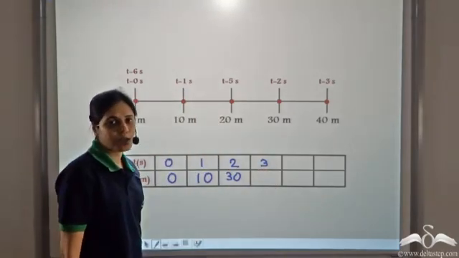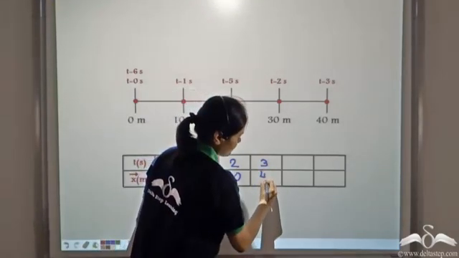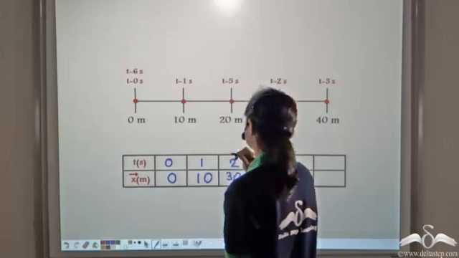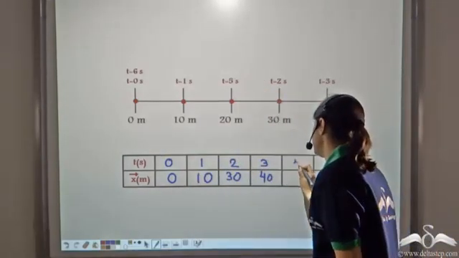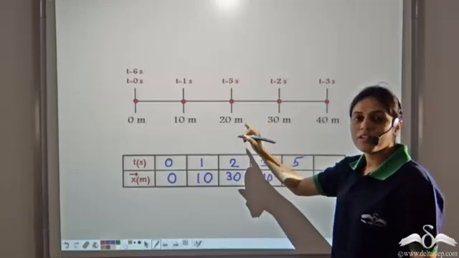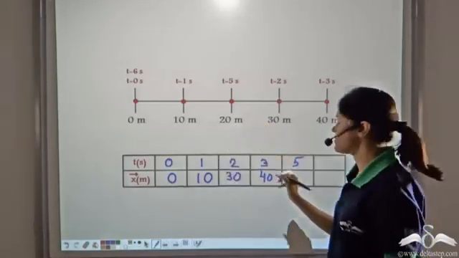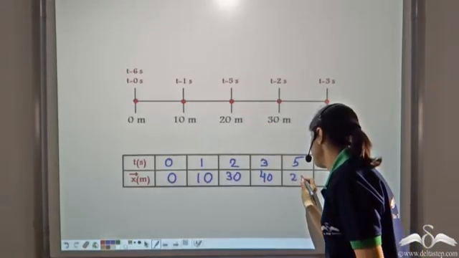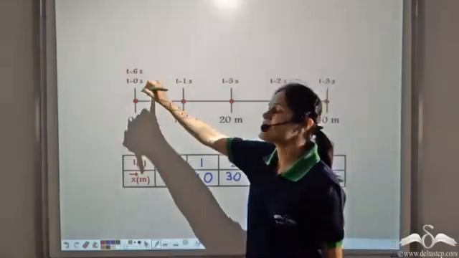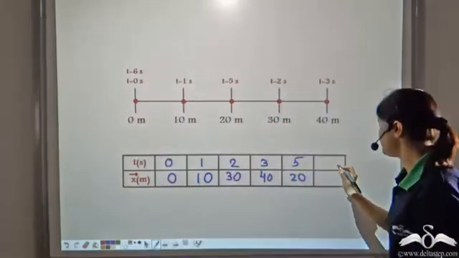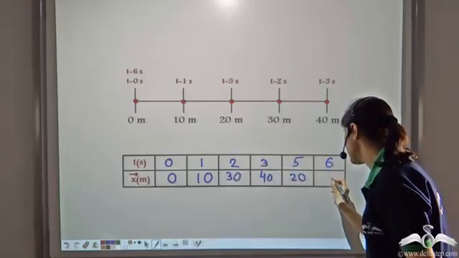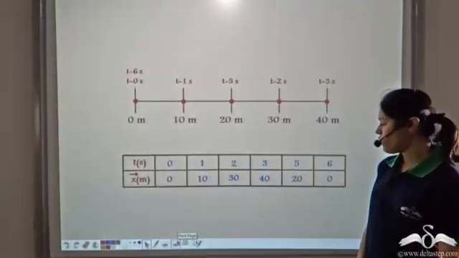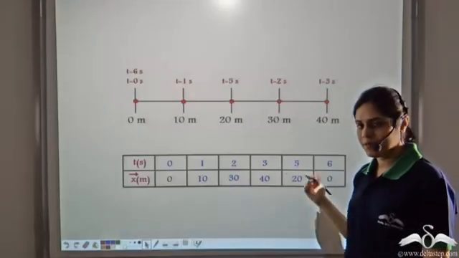The ball is at 40 meters. At 5 seconds, the ball is at 20 meters. And at 6 seconds, the ball is again at 0 meters. So this is how we represent it in a table.